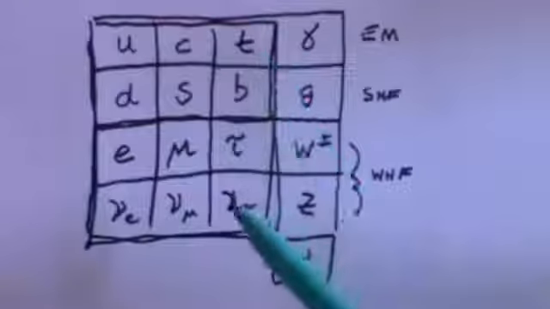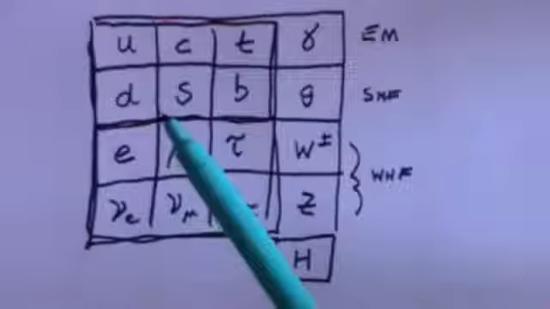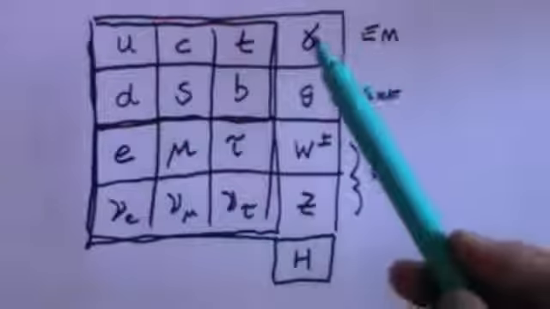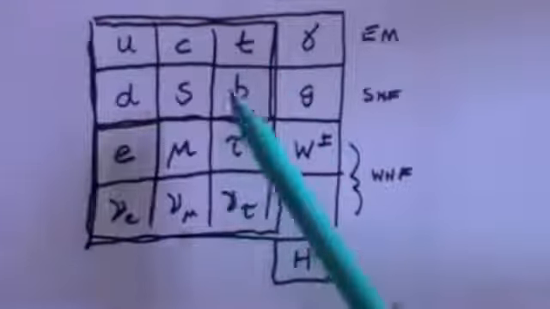All these particles, according to supersymmetry theory, have got a corresponding boson. And all these bosons on the right-hand side have got a corresponding fermion particle.